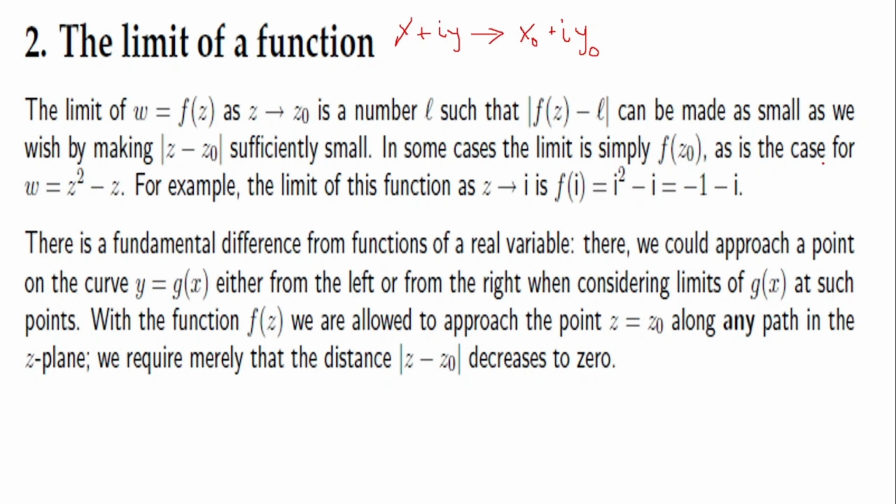In some cases, let's take for example the one we have just done. What will be the limit of this function as z tends to i? It means that anywhere you see z, you put i.